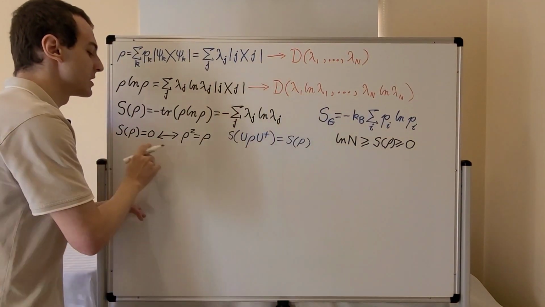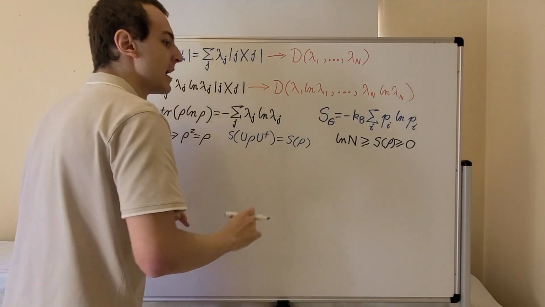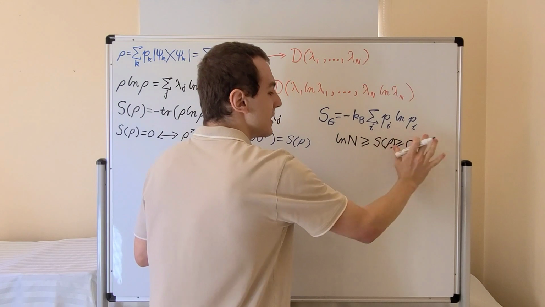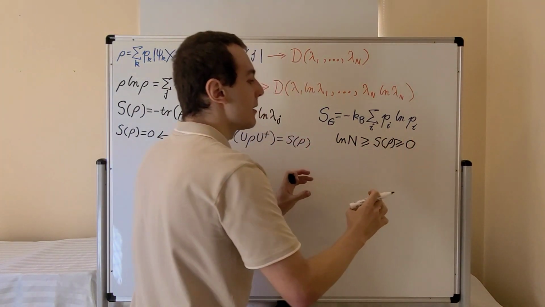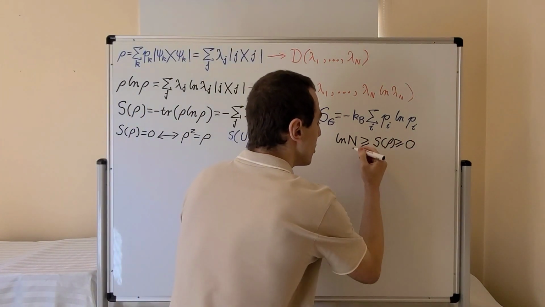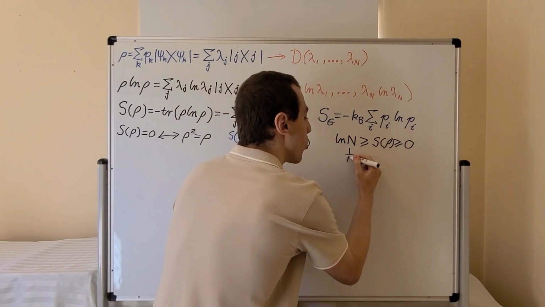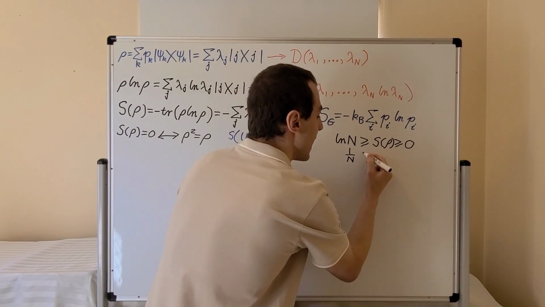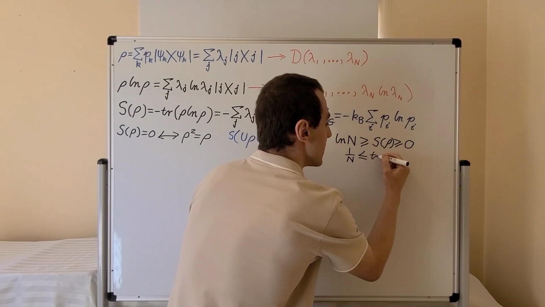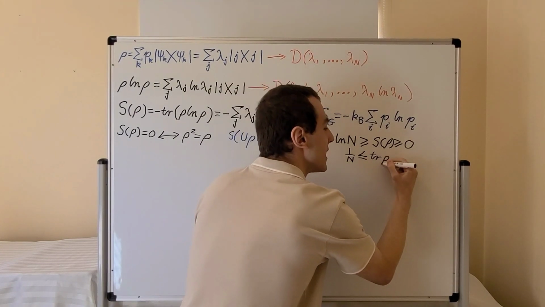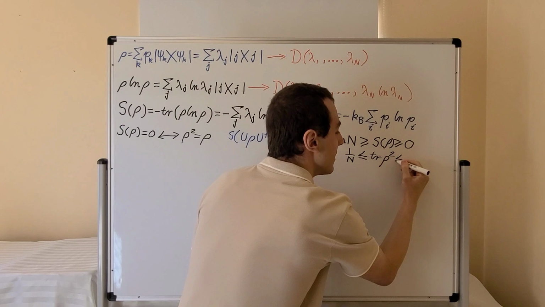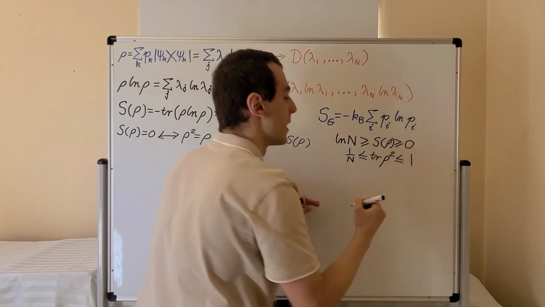So that corresponds to this pure state over here. And we can observe that this is also described by the purity. So the purity for the maximally mixed state is 1 over n. And that is the lower bound of the purity. The purity is defined as the trace of rho squared. And the upper bound for the purity is 1.